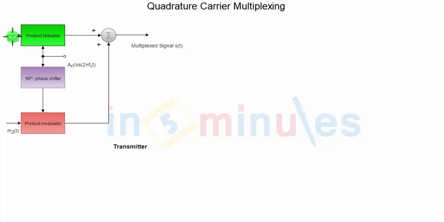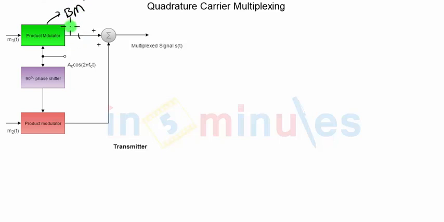All we have to do is take the original carrier, which in this case is Ac cos 2 pi fct. So the original carrier is in the cosine form. Along with the first modulating signal M1T, it is given to a product modulator. Let me quickly remind you, this product modulator is nothing but the balance modulator, which will multiply the two signals.